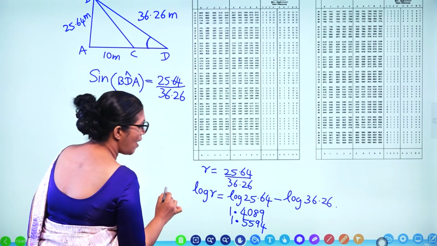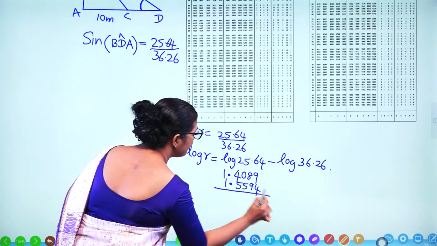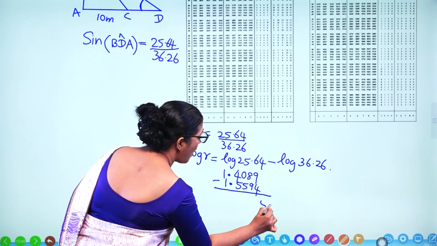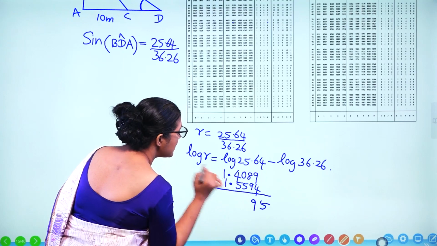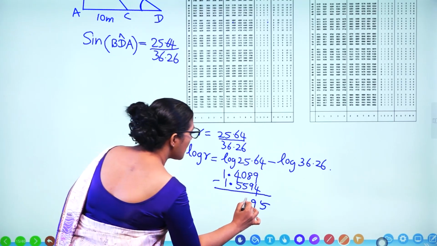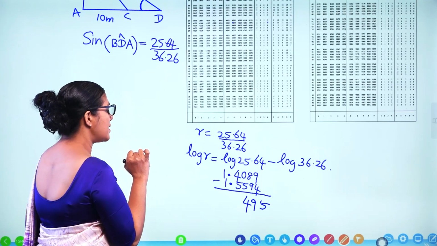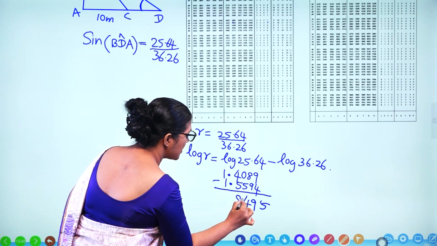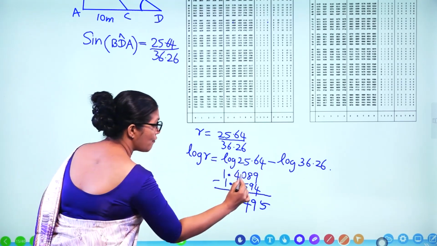Now, you have to subtract a bigger value from a smaller one. What happens? 5 and 9, and here 1 is there. So 6 plus 4, 10, and here 1 is there. 6 and 8. So here you have to take 1 from here.